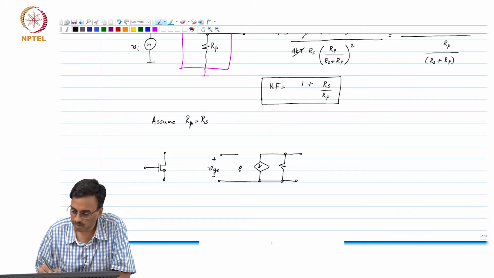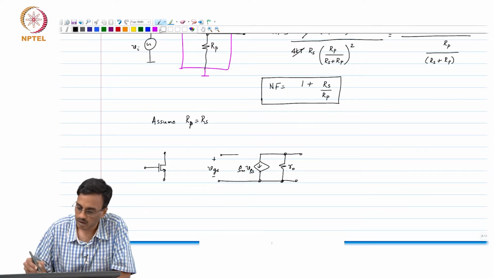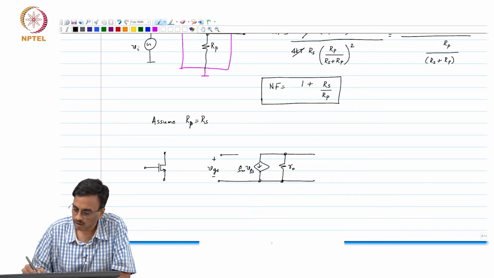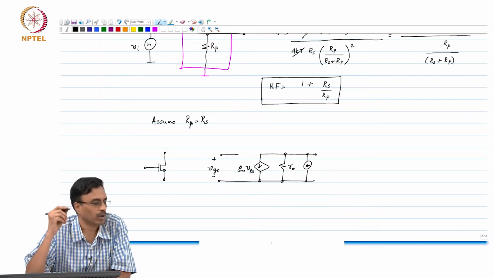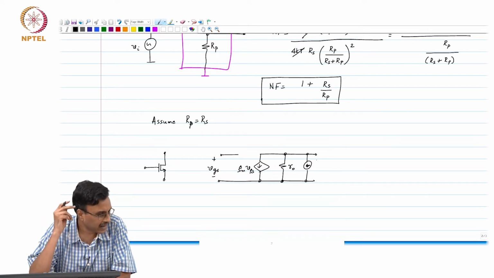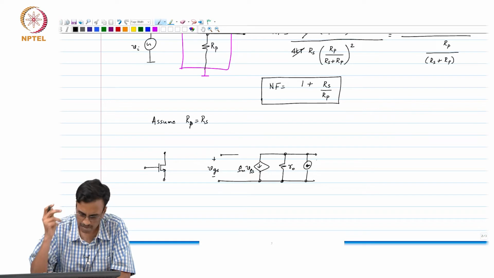So, this is gm times vgs, this is ro, and as I mentioned, the transistor is accompanied by a noise source whose spectral density, for a long channel MOS transistor, can be shown to be 8kT over 3 times gm.